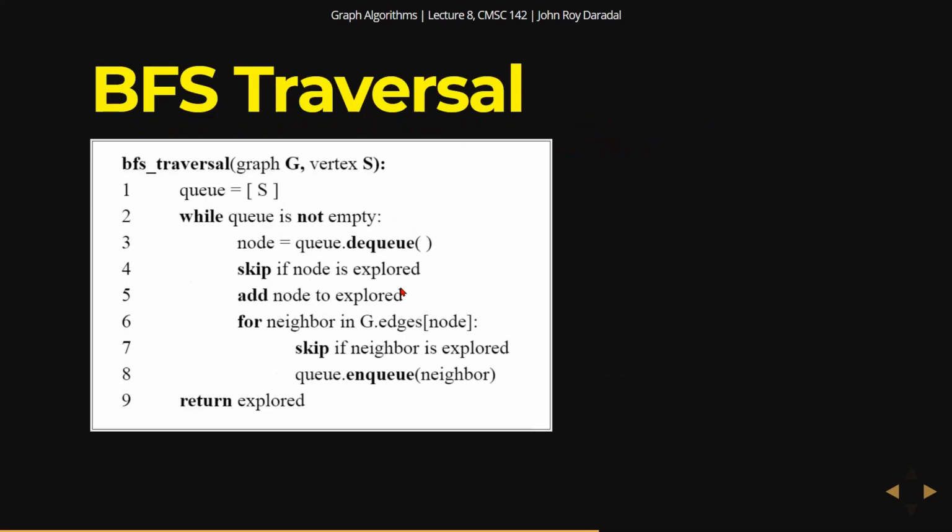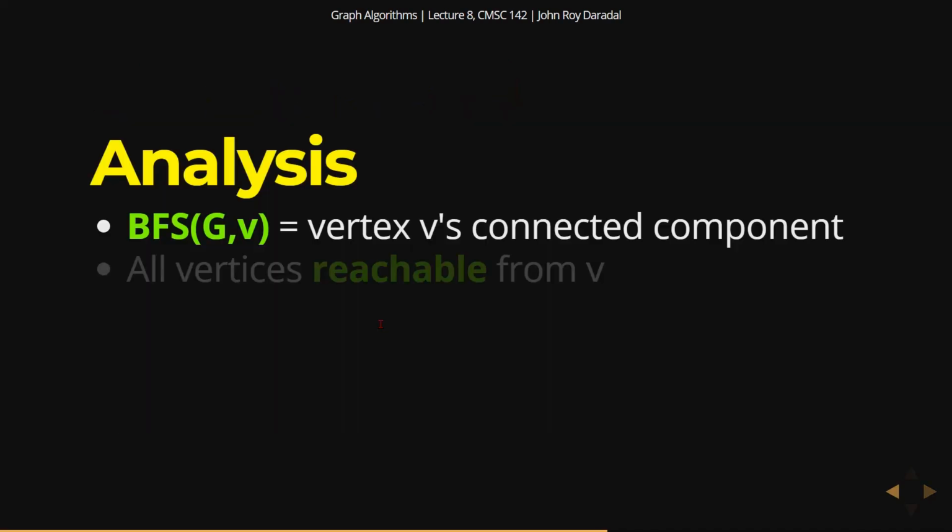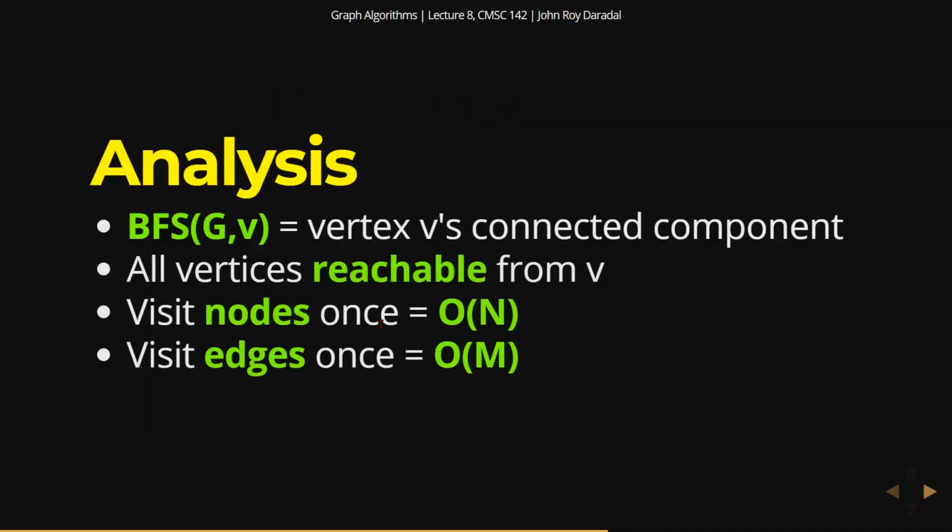And then in the BFS traversal, we will also go through each edge, as long as that neighbor hasn't been explored. We will try to process those edges. So all edges will also be processed at least once. So that's O of n plus O of m in total.